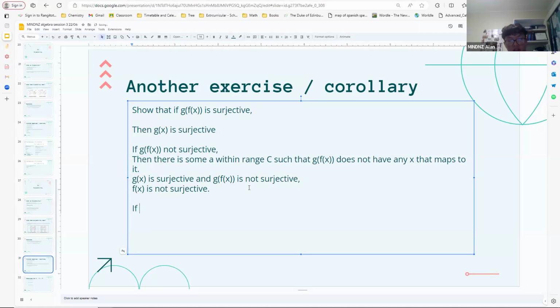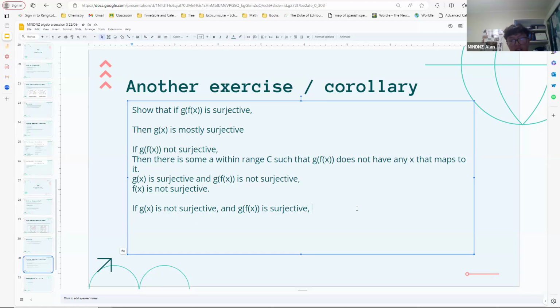But if g of x is not surjective and g of f of x is surjective, then what does this tell us? If g of x is not surjective and g of f of x is surjective, what happens?